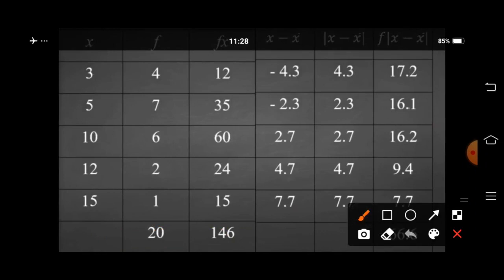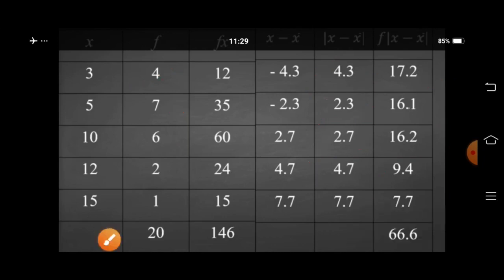Here f is 4 into 4.3 equals 17.2. Here f is 7 into 2.3 equals 16.1. 6 into the absolute value would be 16.2, and so on.